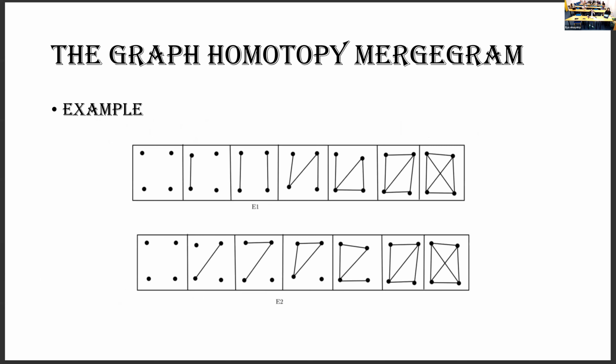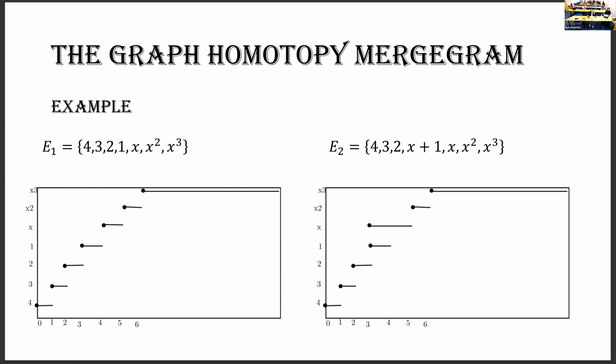So we have two edge filtrations, E1 and E2. We have the corresponding sequence of polynomials, and this is a visual representation of the graph homotopy mergegram. It's a list of intervals. If we look, for example, at t^3 in E2, it exists at time 1 because we count from 0.